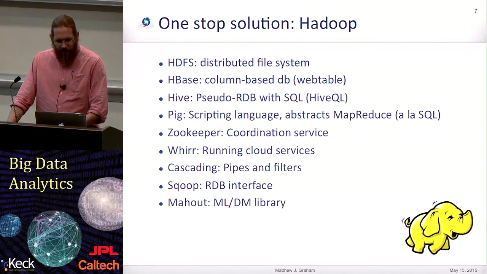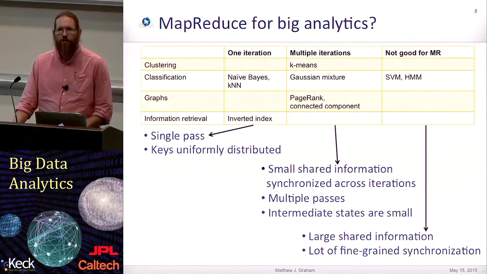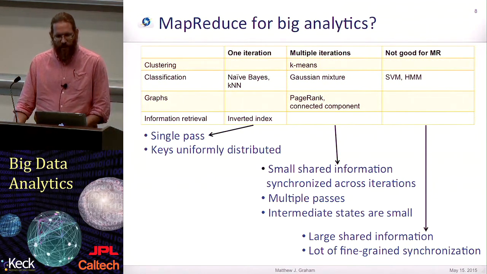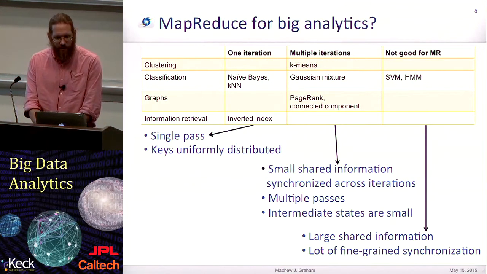One thing that needs to be said about MapReduce is that there are possible problems for it when you're working with machine learning algorithms with very large data sets. This table here gives some indication of one of the problems that you may have.